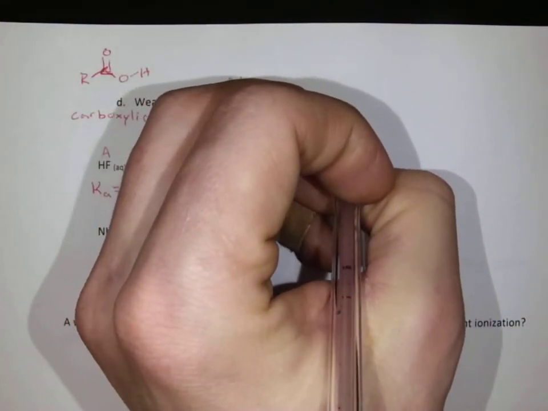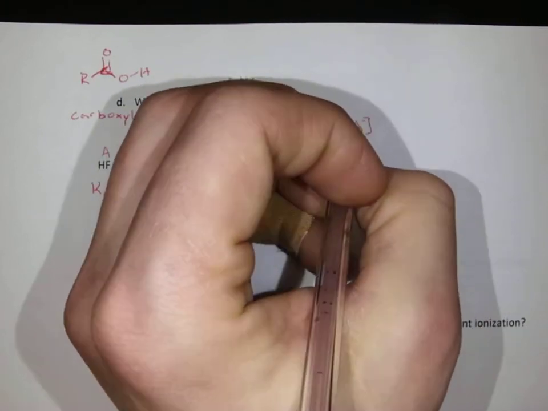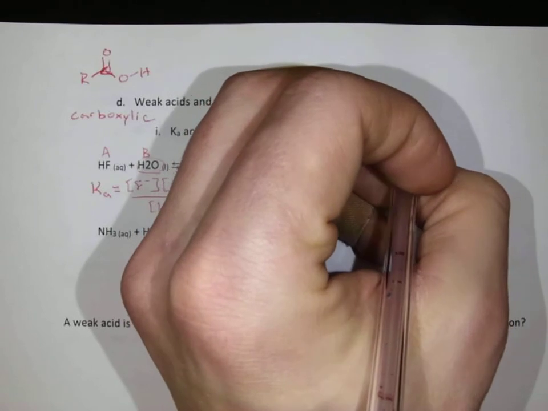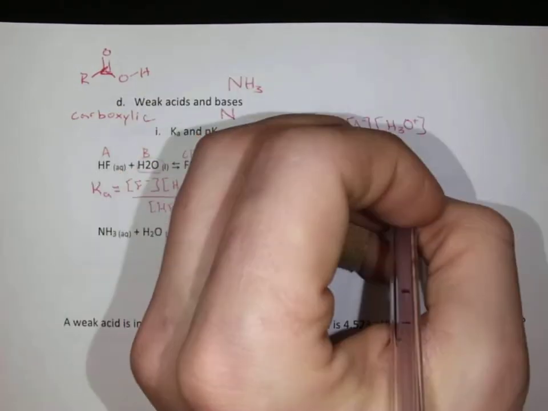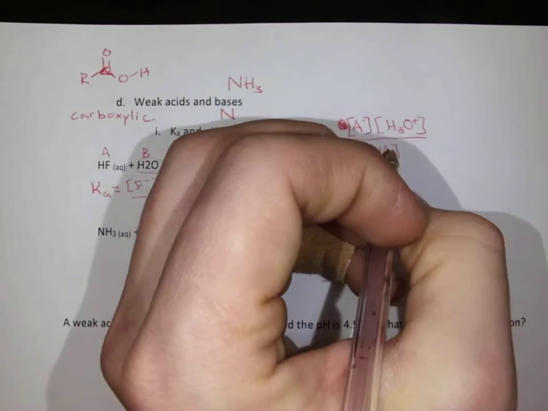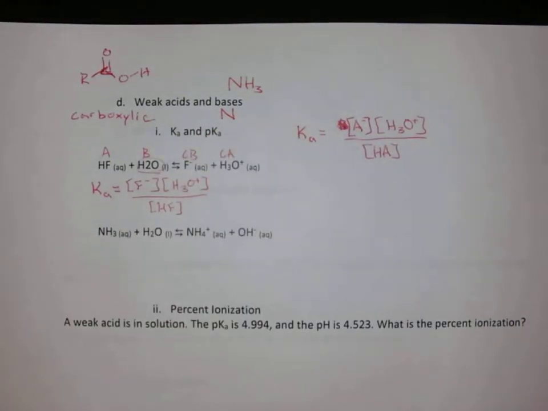So we'll do it as A minus, times the concentration of H3O plus, because we're doing this in water, divided by HA, okay? This is our general form of our equilibrium expression, okay? So in some ways, this is a little bit easier than last unit with our equilibriums.